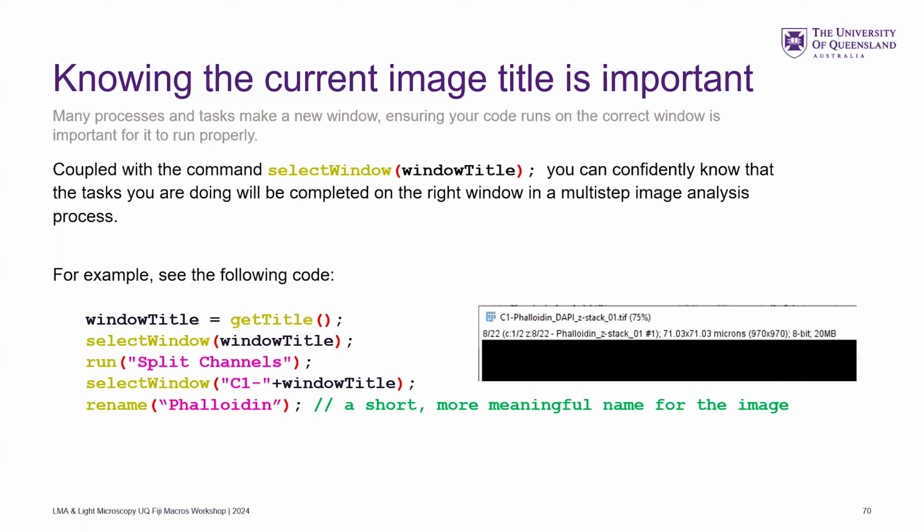Rather than always referring to C1, because when you're 100 lines in you start going, what was C1 again? Or if the user comes to you and says, my script that you wrote works fine, except I'm now capturing this other channel and the nuclei channel is a different number. So you can have ways to capture that and know that.